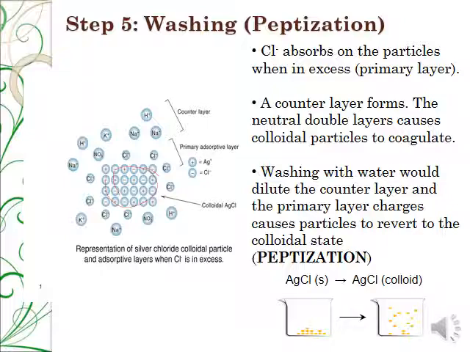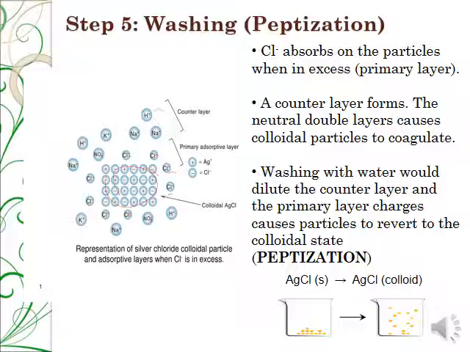I mentioned this regarding the primary adsorption layer. So this is the chloride ion. When it's in excess, it forms the primary layer. Once the primary layer has been formed, a counter layer, or the secondary adsorption layer, will also form.